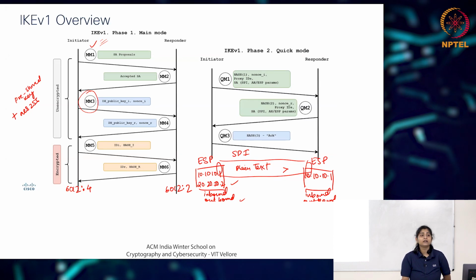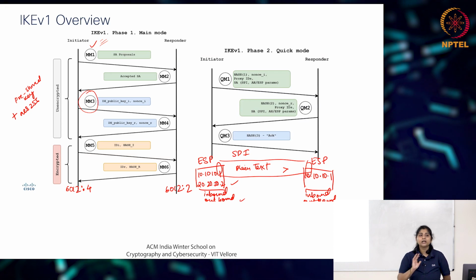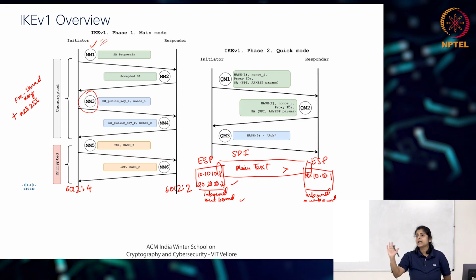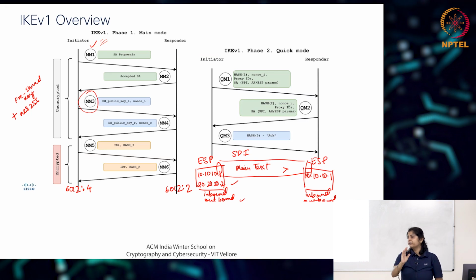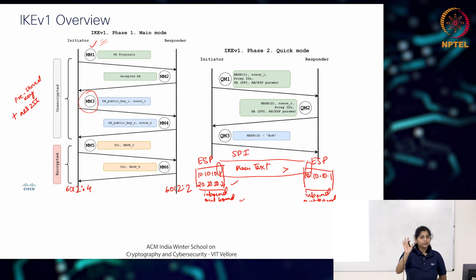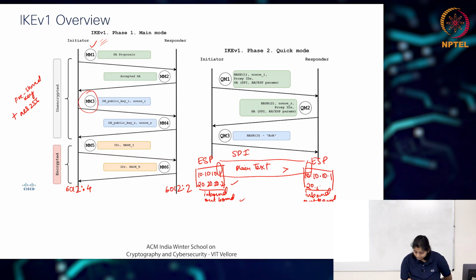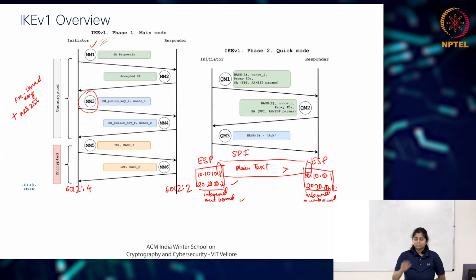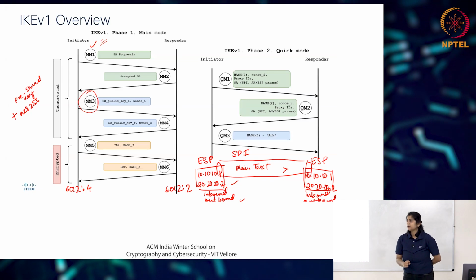If the proxy IDs are different, tunnels won't establish, right? All ciphers, all exchanges should be the same or at least negotiated to a common value. That you need to remember, okay? There are a lot of complications that happen obviously in these as well, but the core idea is this.